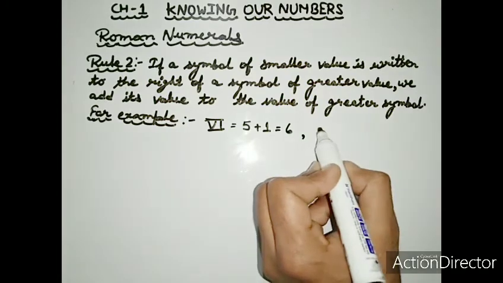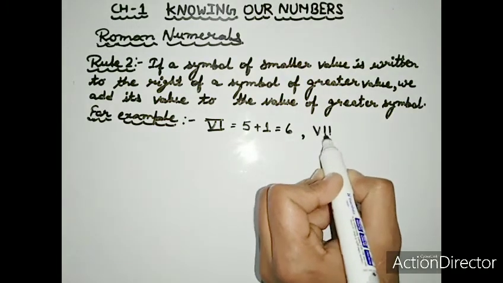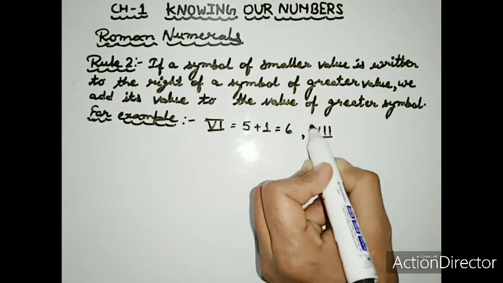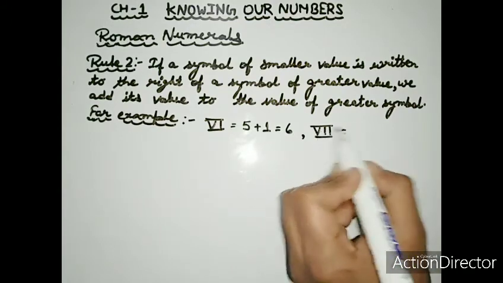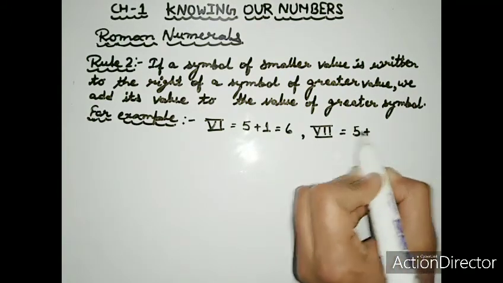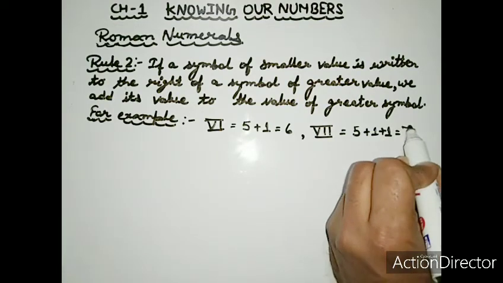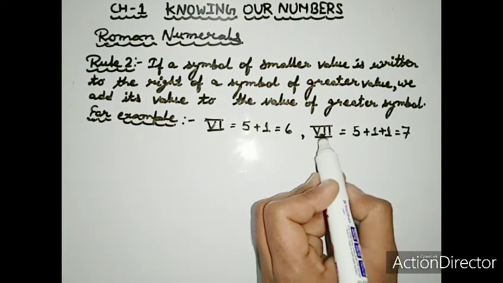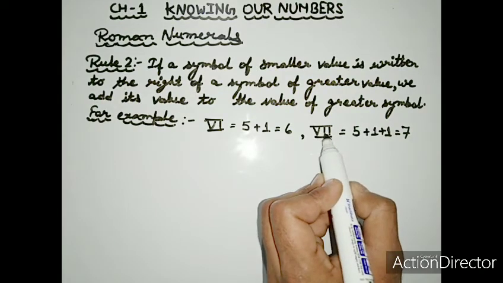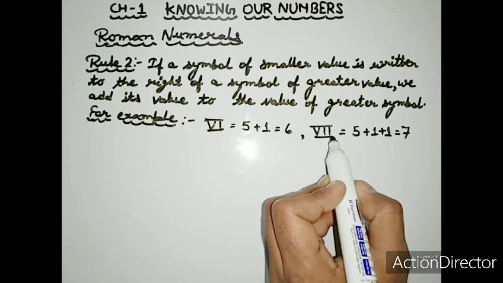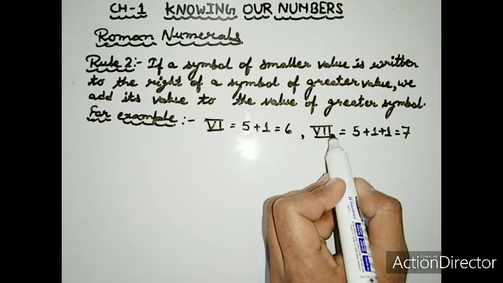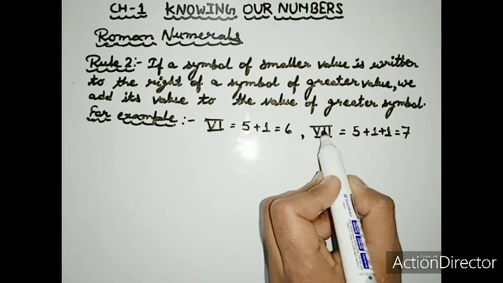And if we want to write 7, then we repeat I two times, V, 5 plus 1 plus 1, and we get 7. So if we write a smaller symbol on the right-hand side of the greater symbol, then these numbers are added to the greater number.